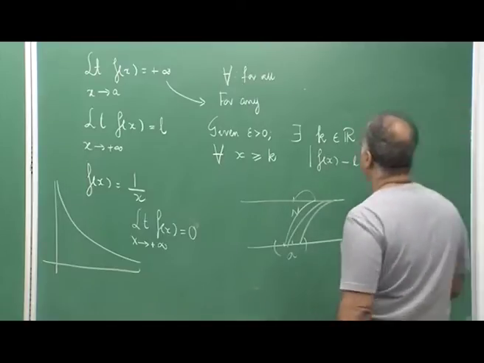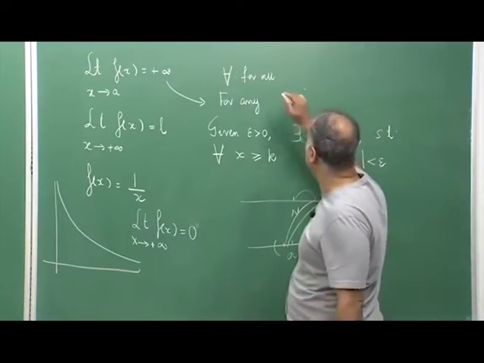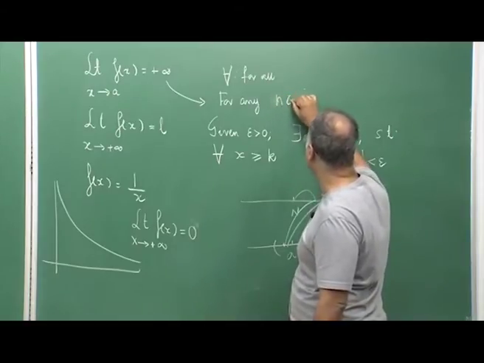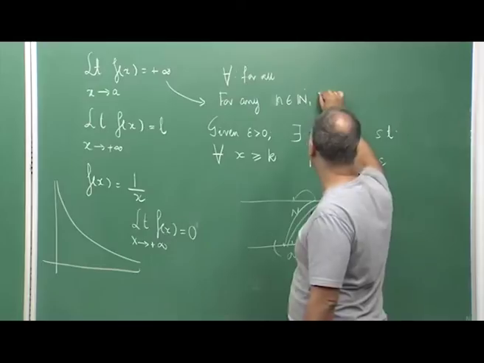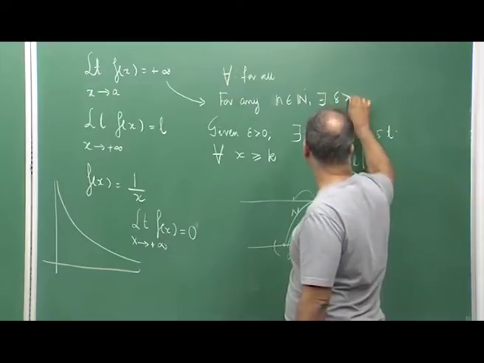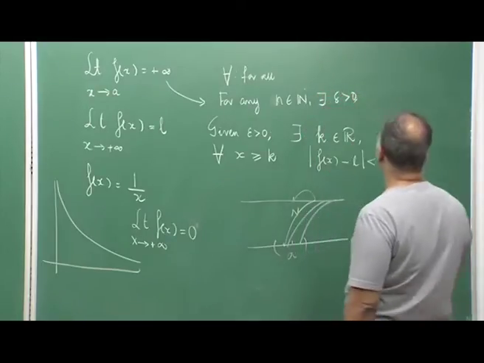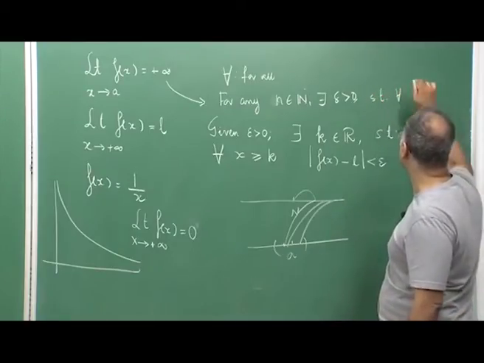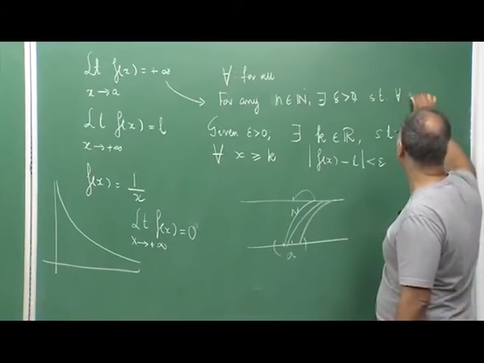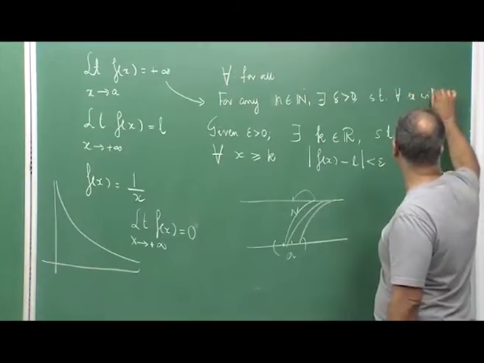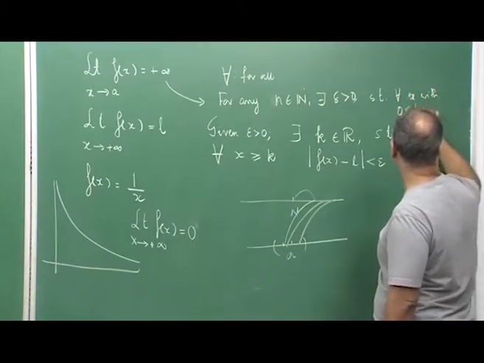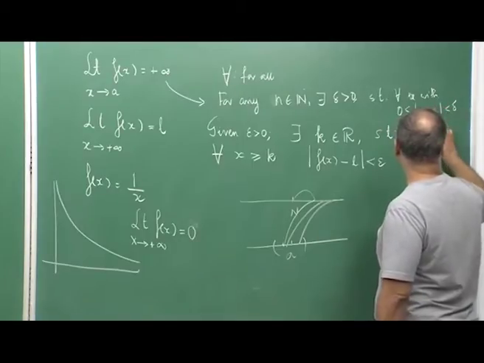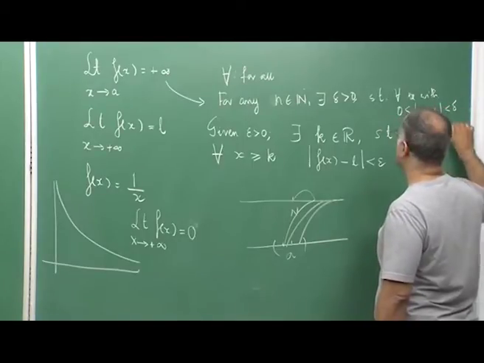Sorry, for any n element of N, there exists a delta greater than 0 such that for all x with, f of x must be bigger than your n.